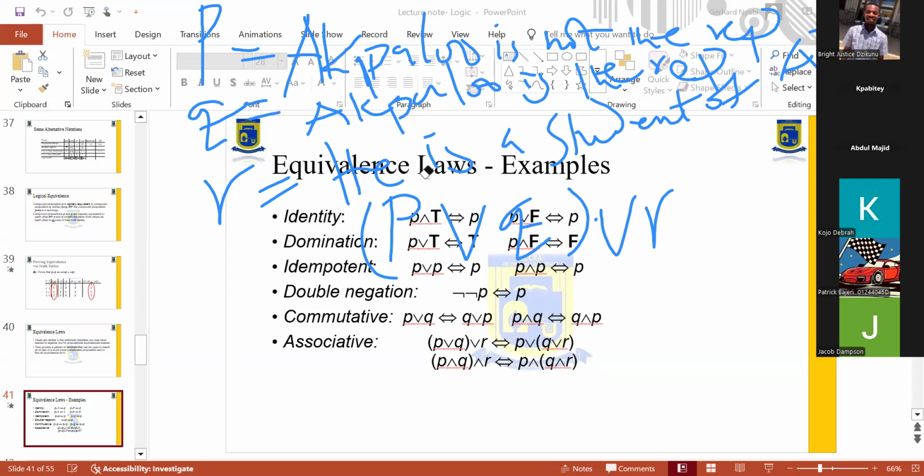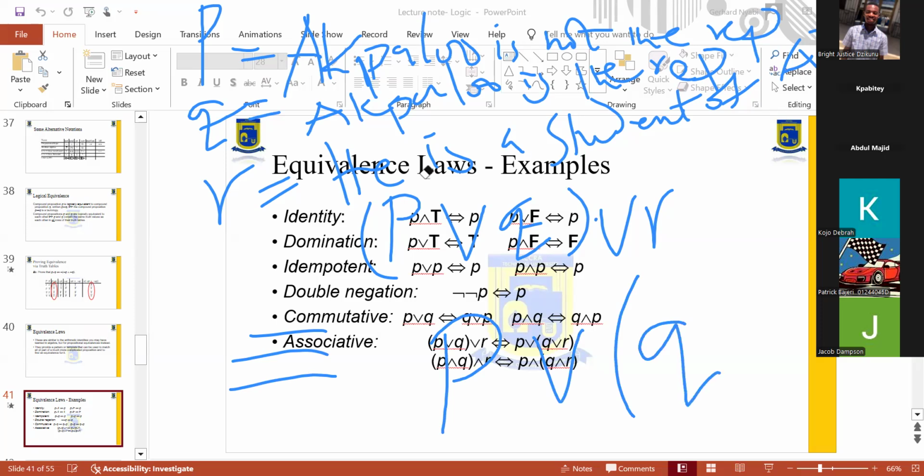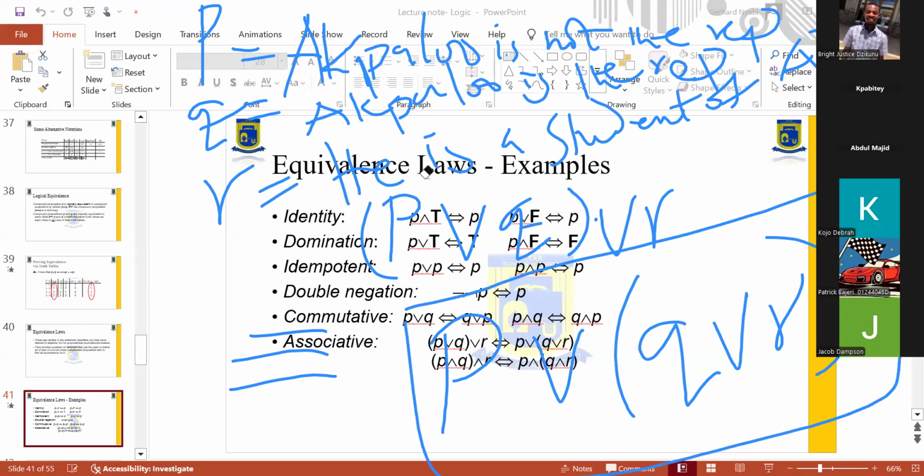Either Akpalu is not a rep, or Akpalu is a rep, or he is a student of ATU. So now we want to prove whether this is equivalent to this. I want the sentence for this, like the way we formed this one, and to see if logically it makes sense.